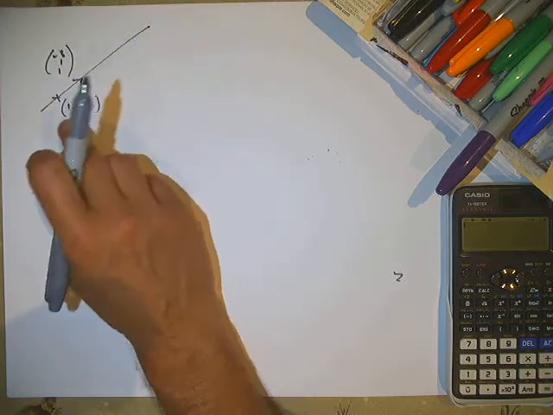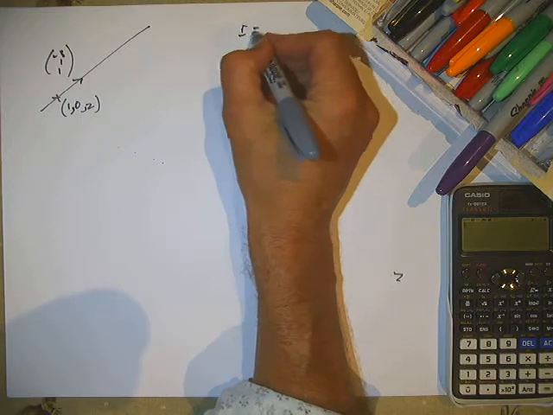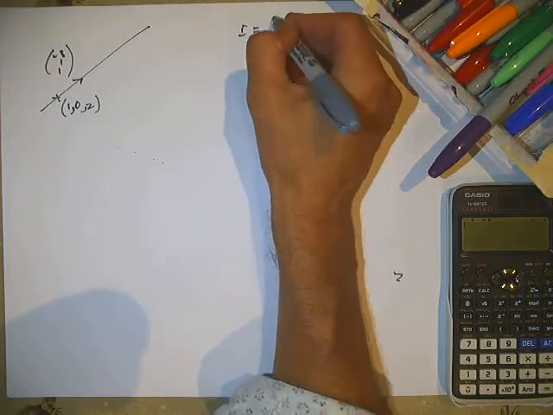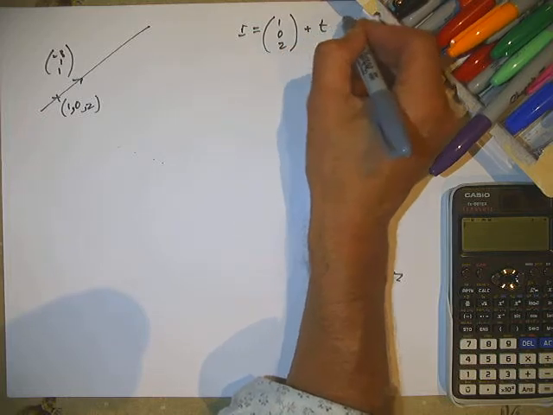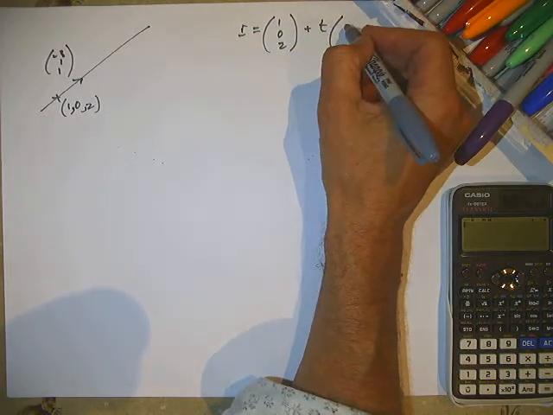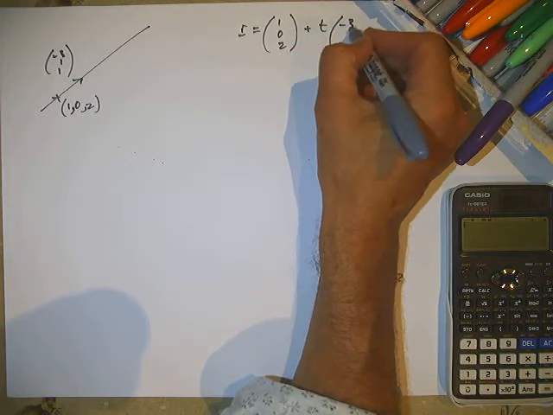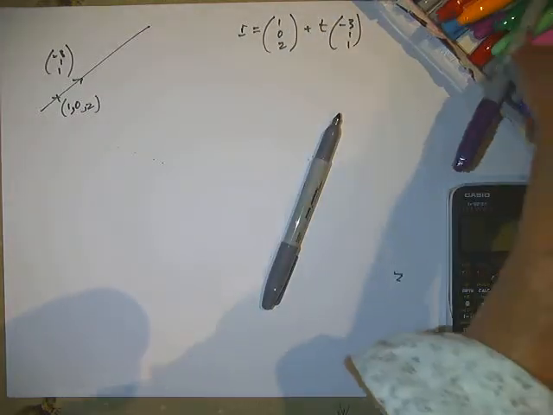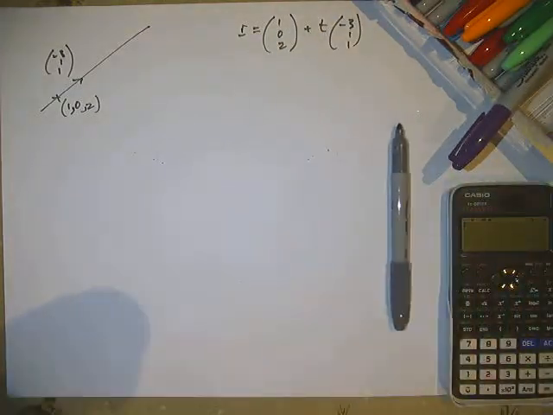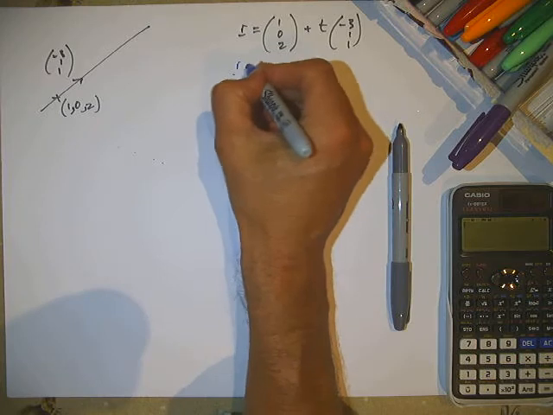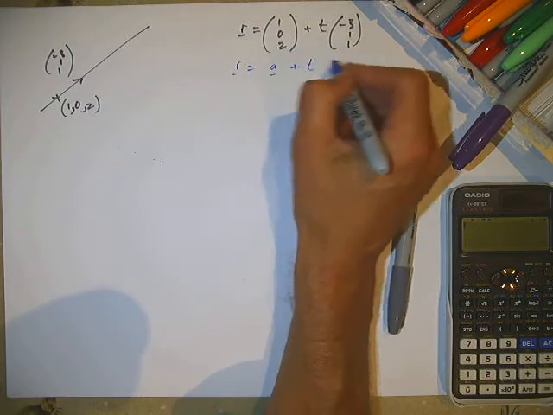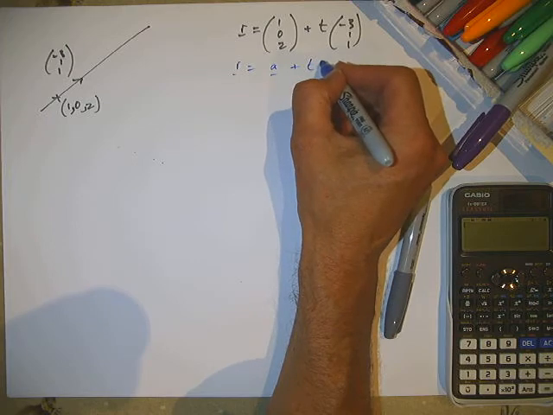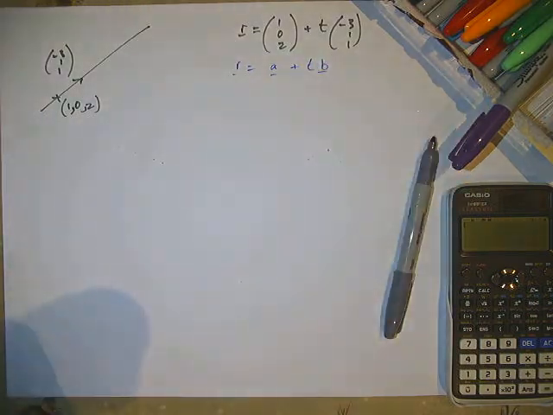Okay, so r equals (1, 0, 2) plus t lots of (-3, 1, 1) matches our format for straight lines, which is r is a plus some scalar multiple of that.